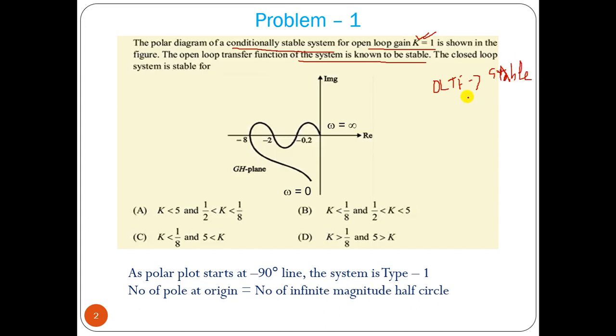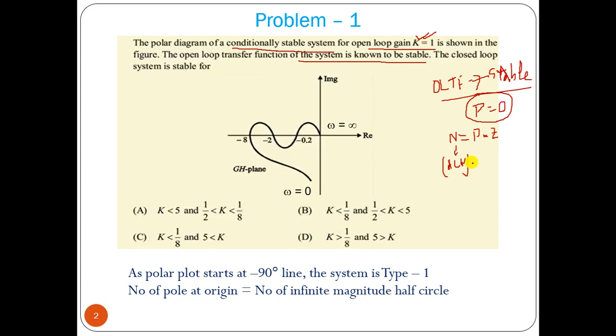That means p equal to 0. There should not be any pole in the right half of the S plane. P equal to 0, and we know the Nyquist formula, n equal to p minus z, where n is in the anti-clockwise direction.